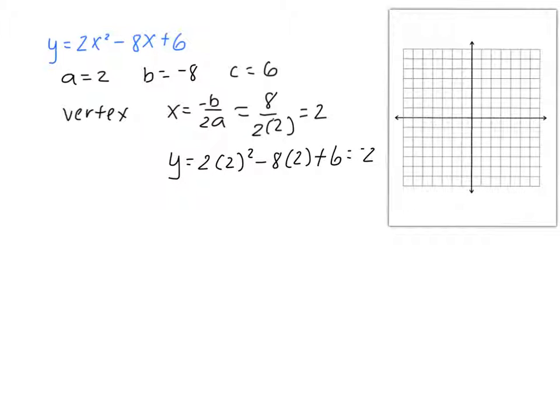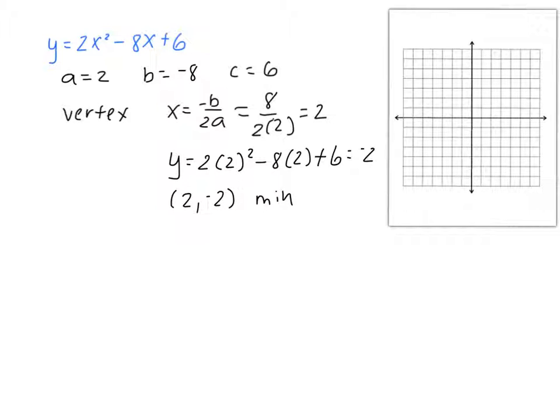Now we want to take the x and the y and put them together to come up with our vertex, which is the ordered pair 2, -2. Because our a value is positive, we know this parabola will be concave up. So our vertex is going to be a minimum value.